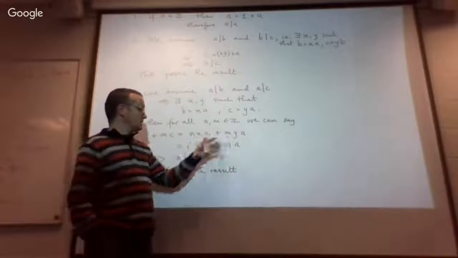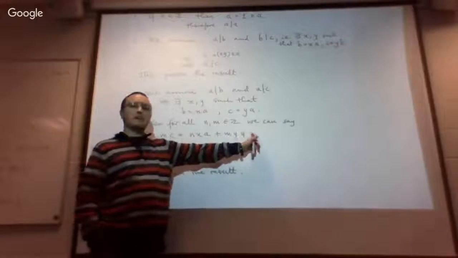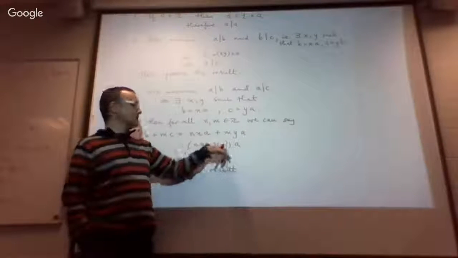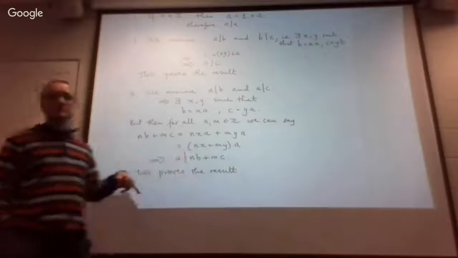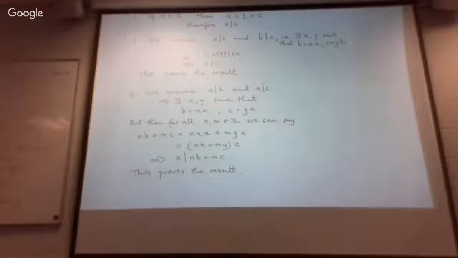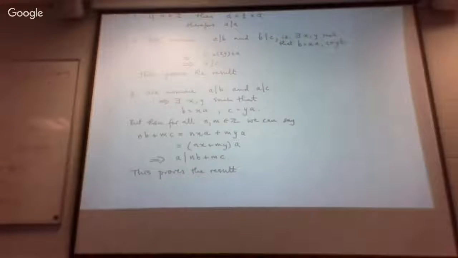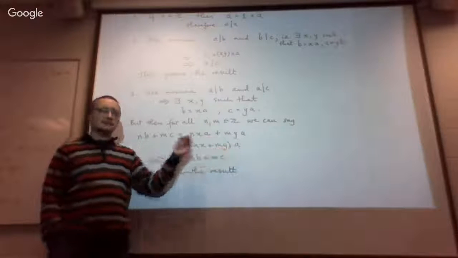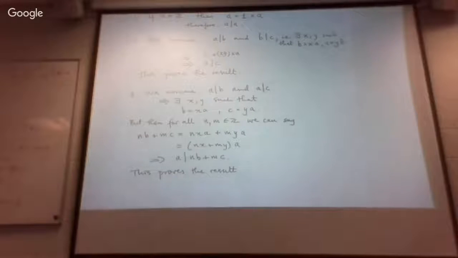You've got your A, so factor out your A. Here is where we're using the axioms for the integers, the property of distributivity of multiplication over addition. That was one of the axioms, but we won't explicitly reference the axioms. This is just a recognized algebraic property of the integers. So we have indeed shown this linear combination NB plus MC is something times A. Therefore, we can say that A divides it.